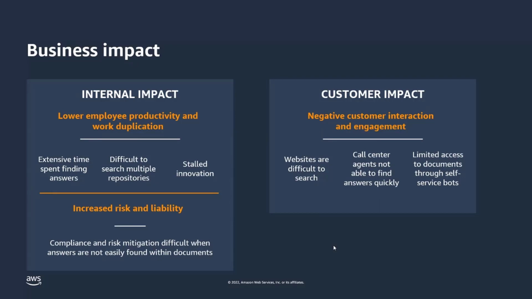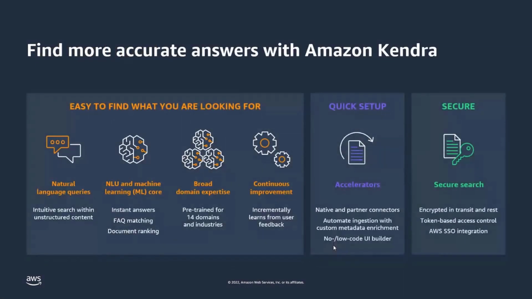And because of some of these reasons, we've built Amazon Kendra. Amazon Kendra makes it easy to find what you're looking for. With Kendra, you can search through natural language style queries that make it intuitive to search your unstructured content. Our natural language understanding and machine learning helps provide things like instant answers and FAQ matching for your content.